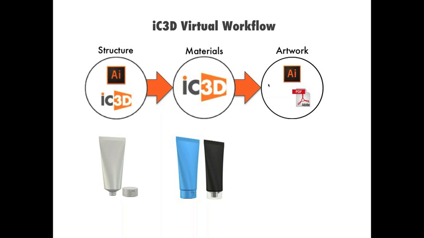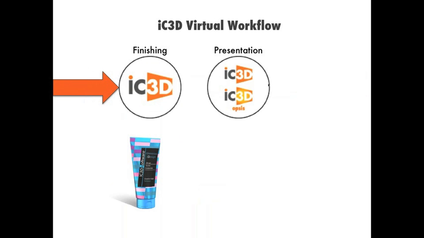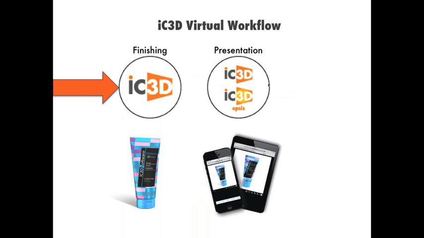Then you can apply artwork in a very easy way to that structure with the specific material. And then you can give it some finishing, and then there are various ways of presenting it: either by exporting it to various 3D file formats, to images, to movies, and also through the online collaboration, or at least 3D content sharing service that iC3D offers, which is called iC3D Opsis.